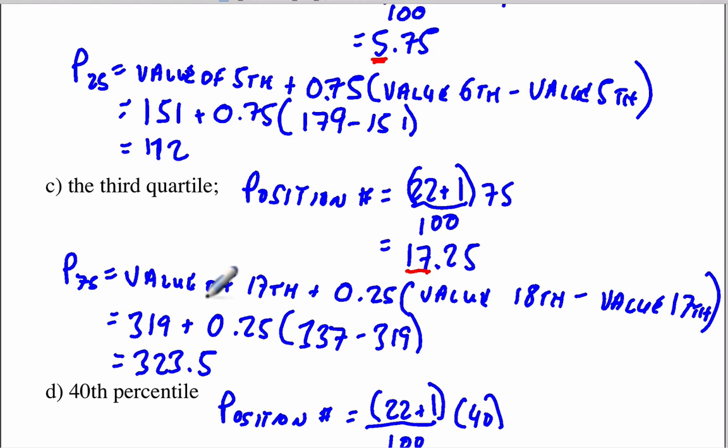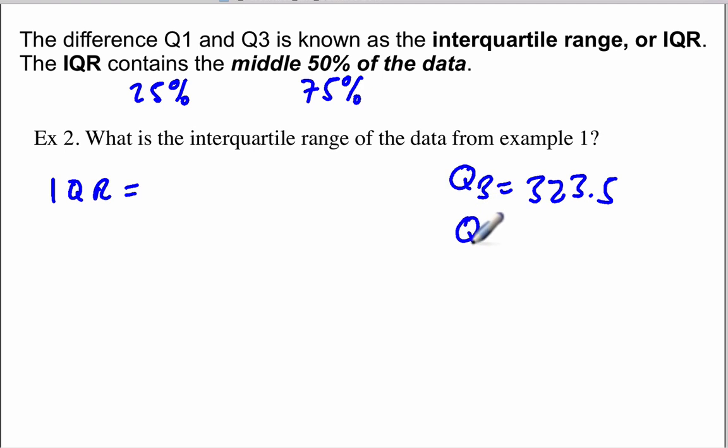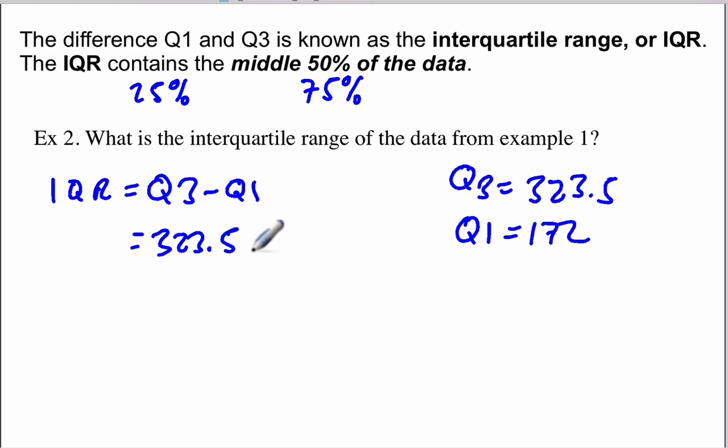So our interquartile range will be equal to, now again, Q3 is 323.5, Q1 is 172, and so our interquartile range is going to be Q3 minus Q1, which is 323.5 subtract 172, which is equal to 151.5.